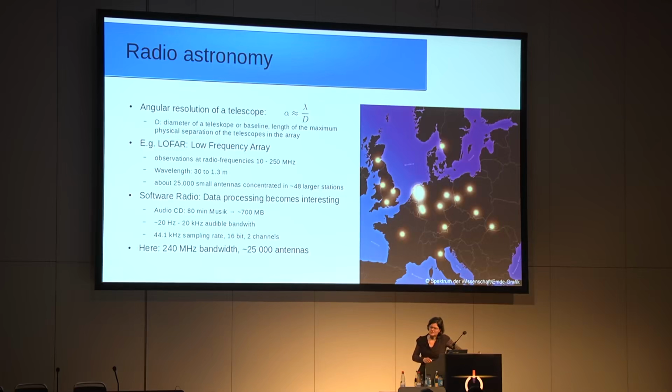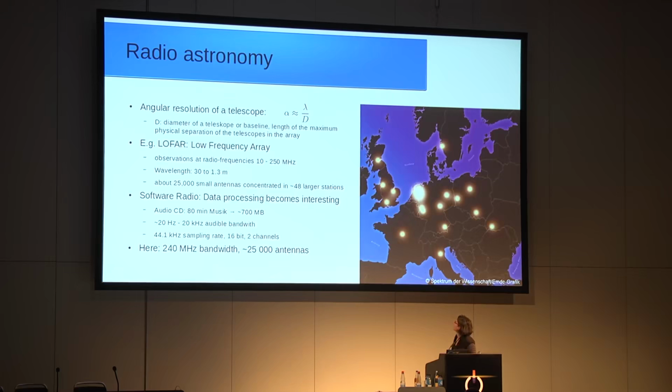And a nice example is, for example, LOFAR, the Low Frequency Array, because they want to observe radio frequencies from 10 to 250 megahertz. So you got really long wavelengths from 30 to 1.3 meters. So what they do, they build a lot of different stations and distribute them over half of Europe.